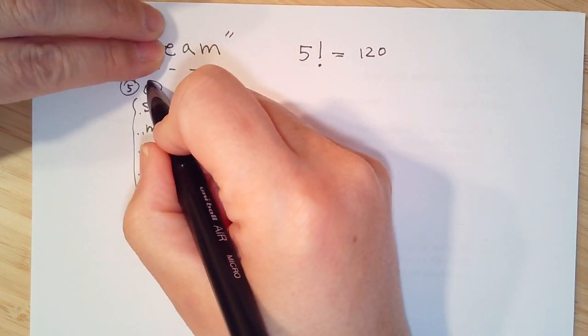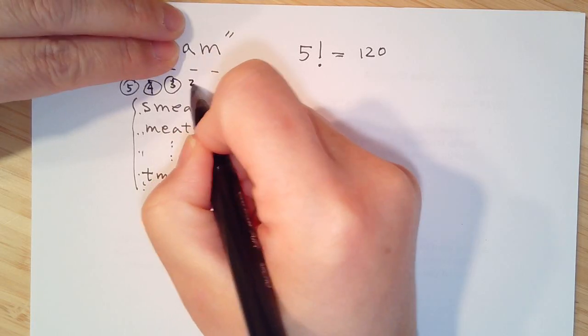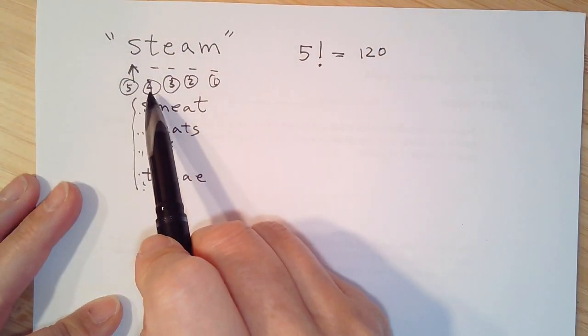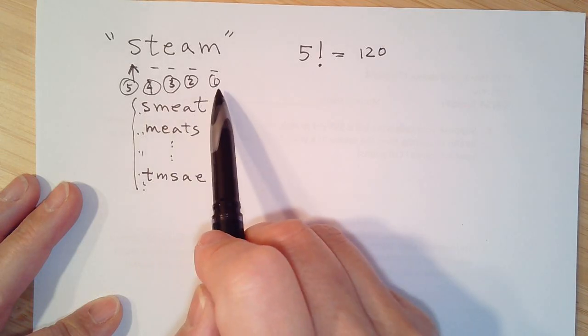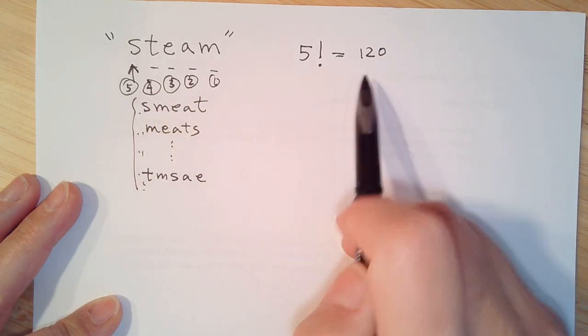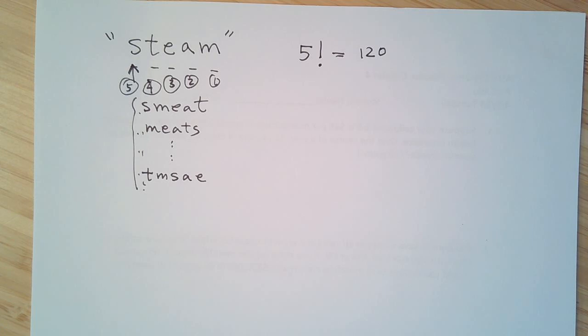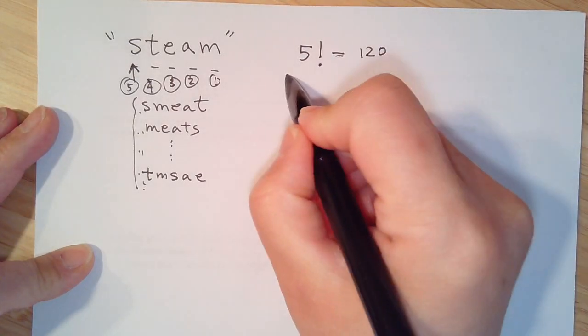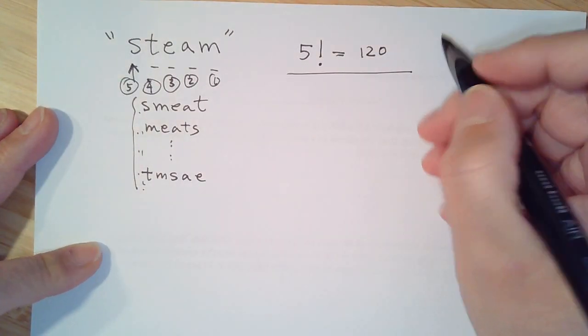And then you have 3 letters, then 2 letters, and for the last one you have only 1 choice. So you multiply 5, 4, 3, 2, 1. You multiply all those 5 numbers, you get 120. Now you see what this factorial is actually used for. Isn't it interesting?